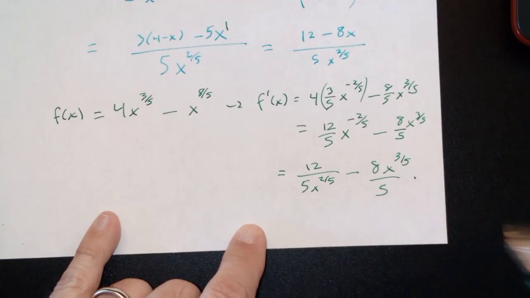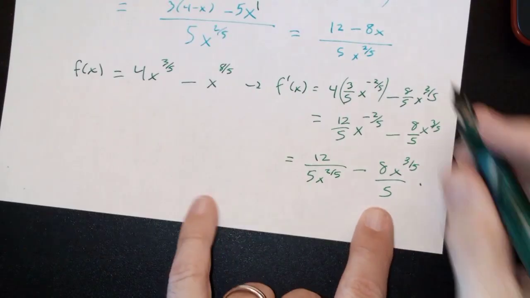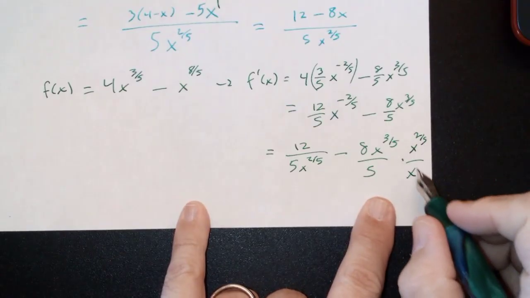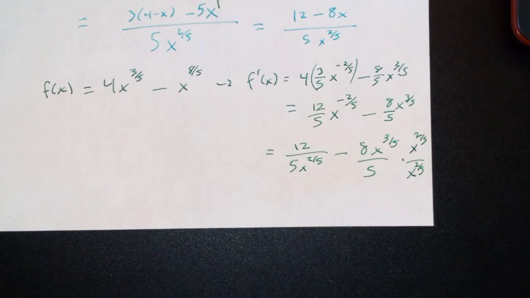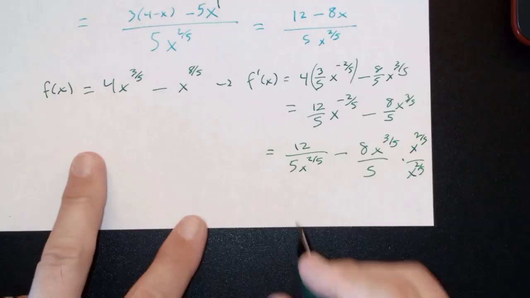Yeah, that side right there. Except I already have the 5. Give the man a cigar. And what happens when you multiply these two x pieces together right here? And I get right back here.